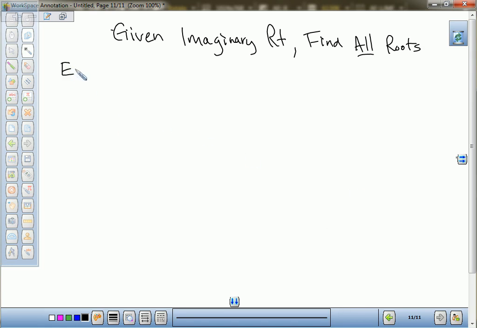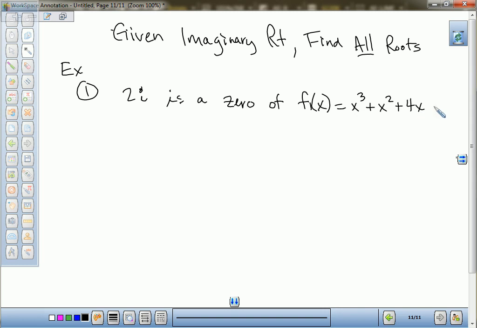Alright, so we're just going to do some examples today. And example 1, I am telling you that 2i is a 0 of a function. And that function is f of x equals x cubed plus x squared plus 4x plus 4.